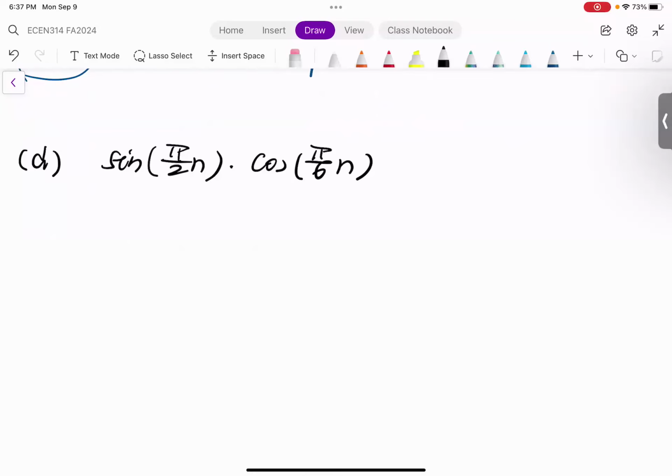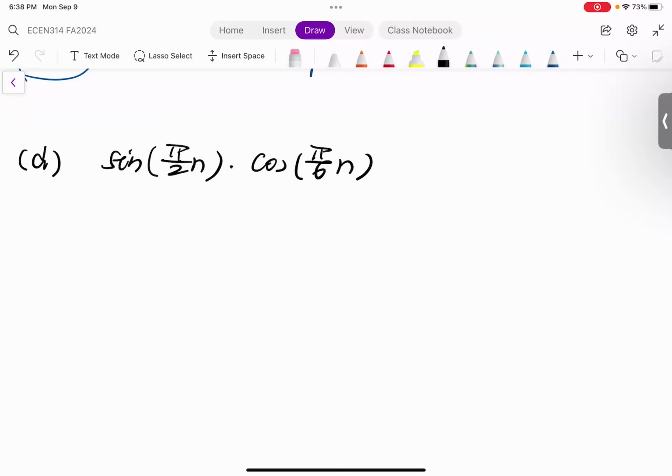How do we address this one? Well, first of all, we have a product of two discrete time signals, both of which are periodic, right? Because half pi and 1/6 of pi are both rational multiples of pi. But it's a product of two periodic signals. Would that still be periodic?